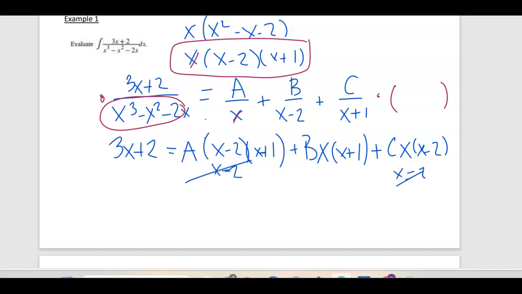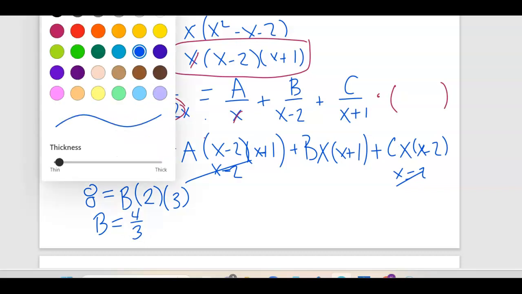So I could figure out B, because this has to be true for any x value, so I get to choose. So 3 times 2 plus 2 means that 8 must be equal to B times 2 times 3. So B must be 4/3.